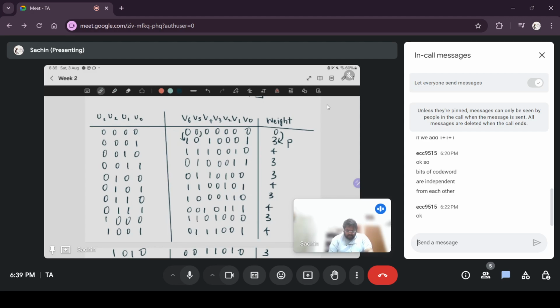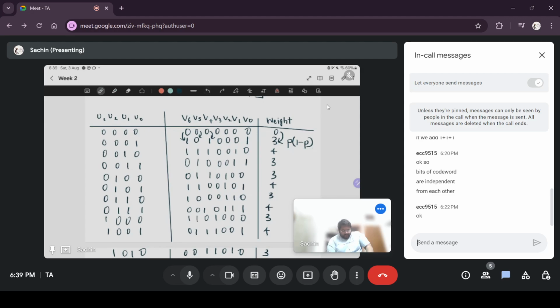The probability that this 0 stayed the same, did not change, is 1 minus p. So the probability that the first bit changed to 1 and the second bit did not change is p into 1 minus p. Next, the probability that this 0 changed to 1 is again p.